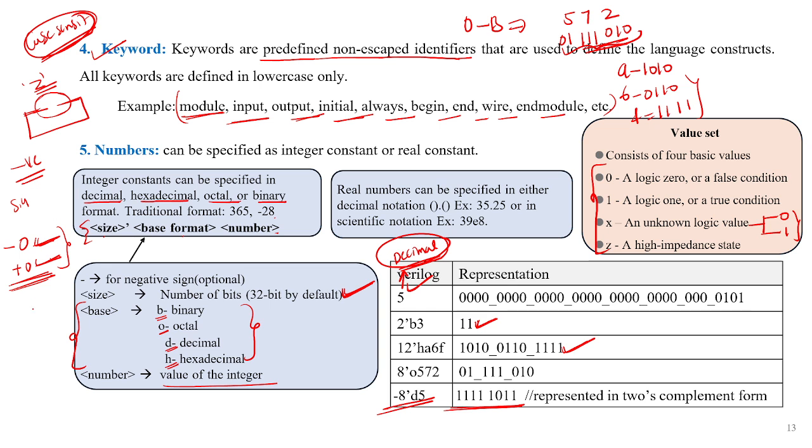But in two's complement form, for minus 0 and plus 0, only one representation is there. That's why when you give a negative number to any computer or programming language like Verilog, C, C++ or SystemVerilog, it will store in two's complement.